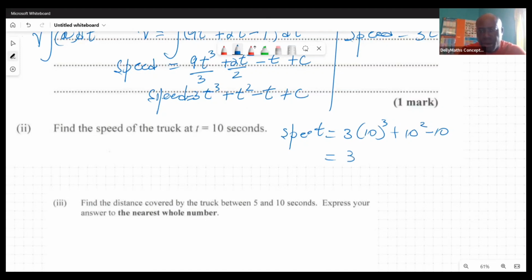So this is 3,100 minus 10, so we have 3090 centimeters per second. So that's the speed at 10 seconds.